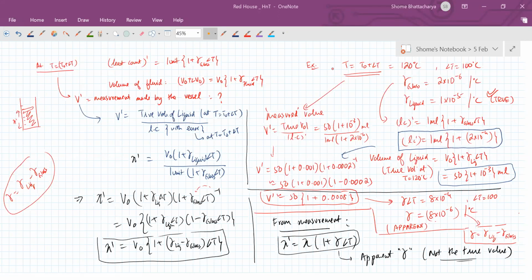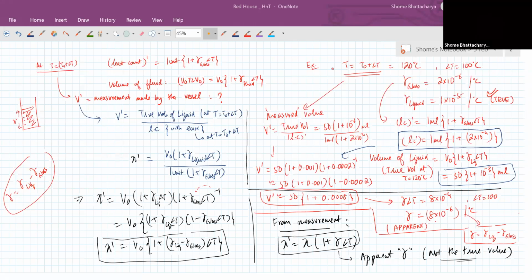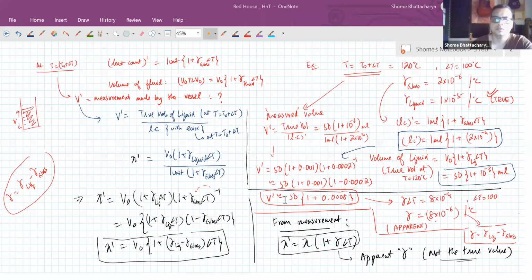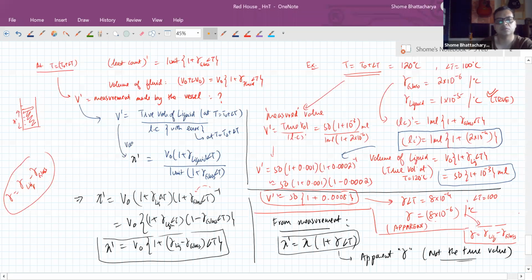So that's the important thing to understand here. Is it clear? So the value of this only, na, is x prime. Its value of the volume, that only is x prime.